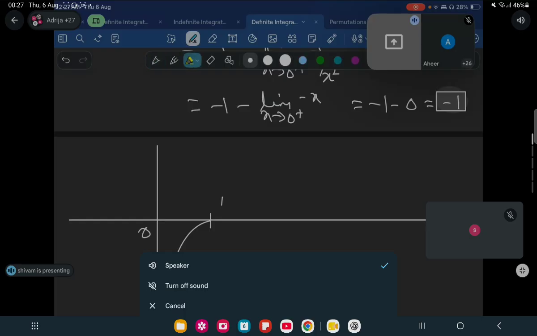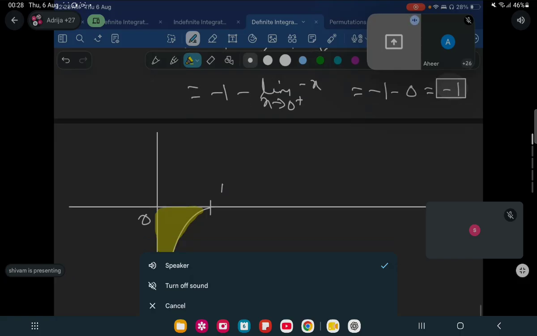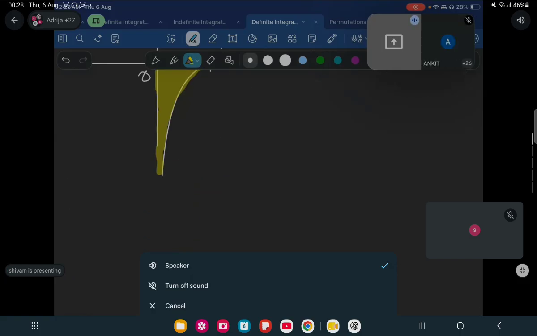So basically this area is 1. Are you getting? Yes, sir.